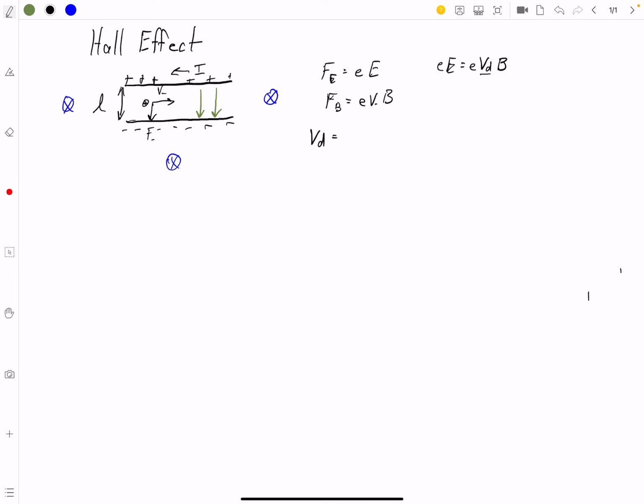So our drift velocity ends up being E over B. And you guys have seen it already. We know that that ends up also being our c. E over B is equal to c for a photon. So nice, it all hangs together.